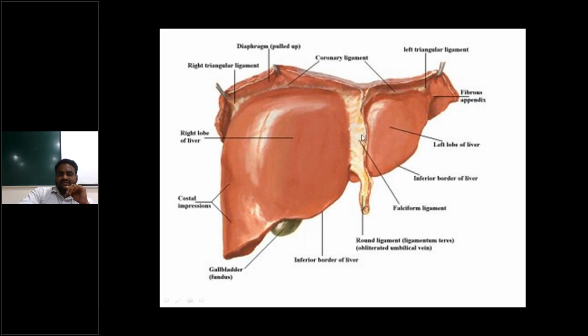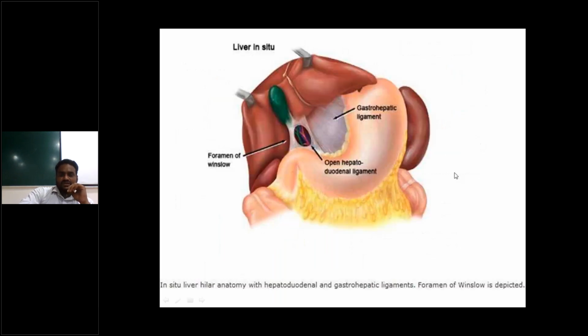In this picture we can see the ligaments of the liver. With the arrow I'm showing the ligaments here. This is the falciform ligament, this is the coronary ligament, and this free margin, this end, is the right triangular ligament, and this is the left triangular ligament. In this picture we can mainly see the lesser omentum with its contents and the right free margin.